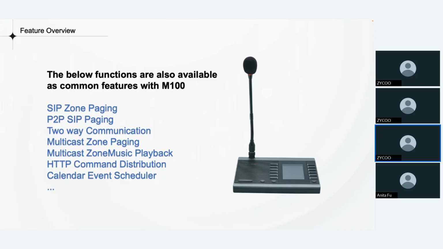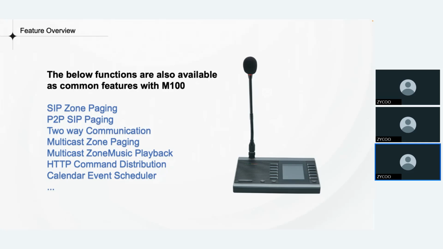And we also provide you the API feature. The HTTP command distribution will allow the external system to trigger M100 actions via API calls. And the built-in calendar event scheduler feature can automate tasks at specific times or dates.